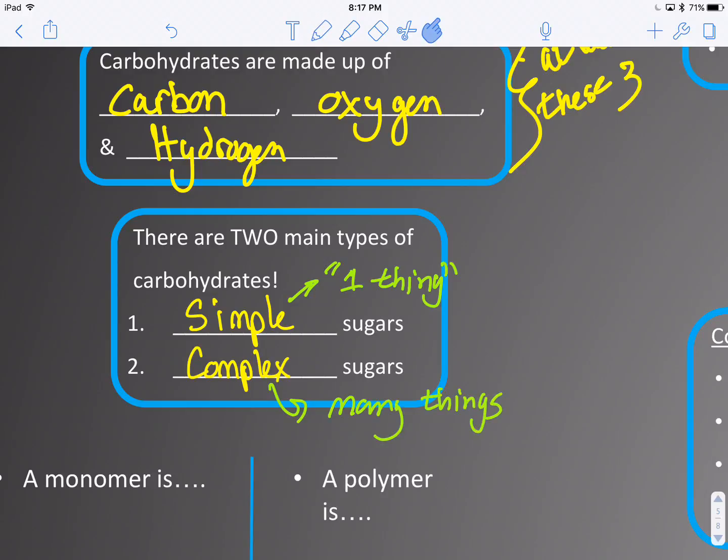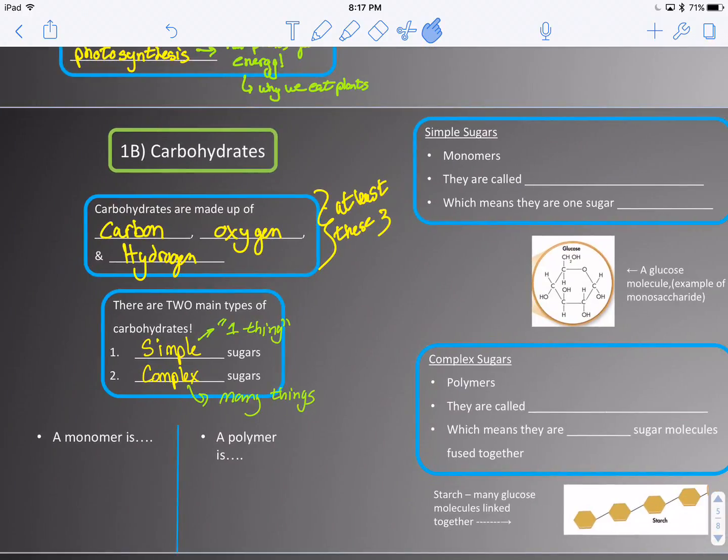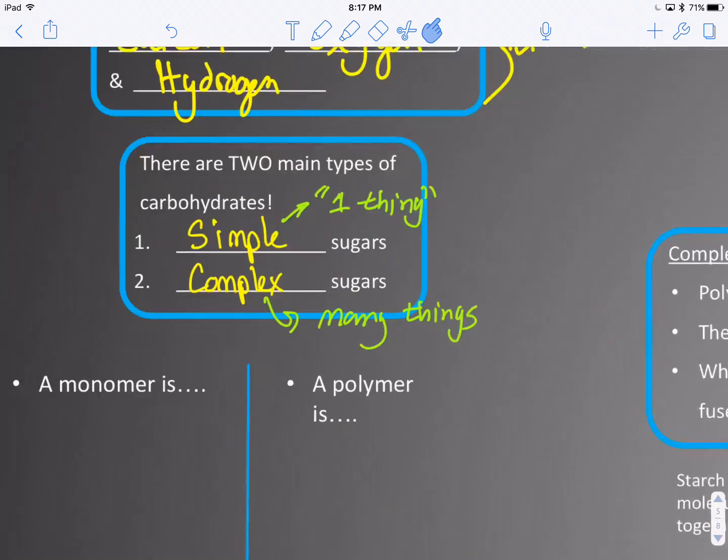Okay. I now want us to quickly think about what a monomer is.